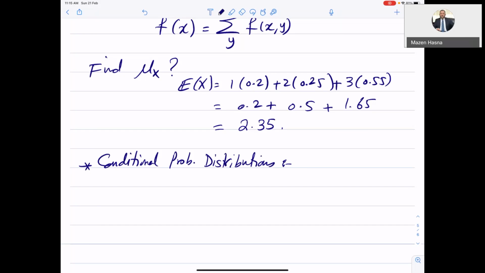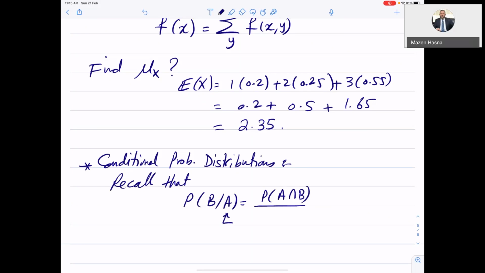Conditional probability distribution. We talked about conditional probability in the past. Recall that we talked before that the probability of B given A is just the probability of the intersection divided by the probability of the event that happened already.